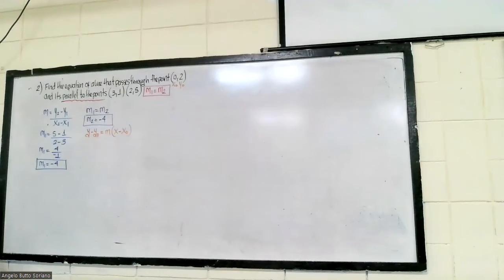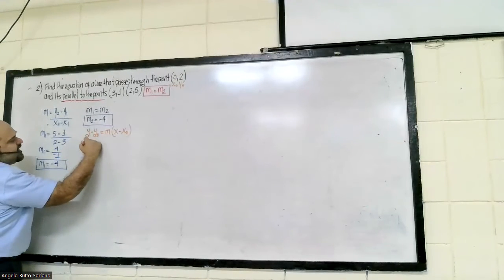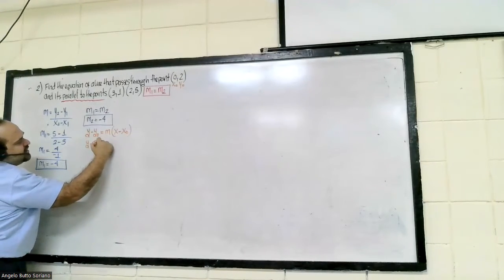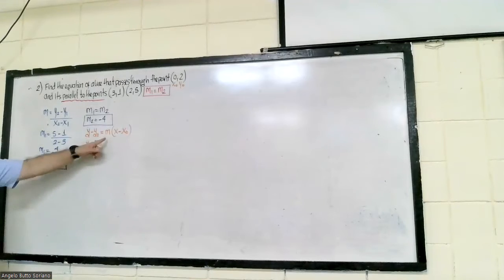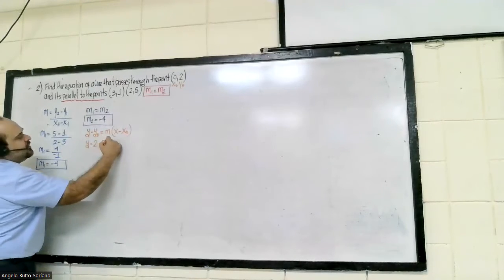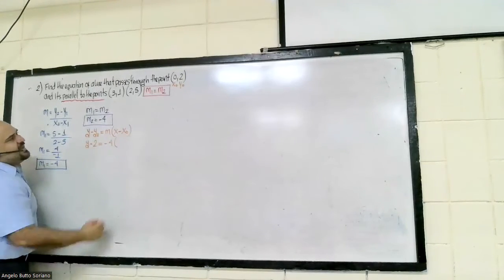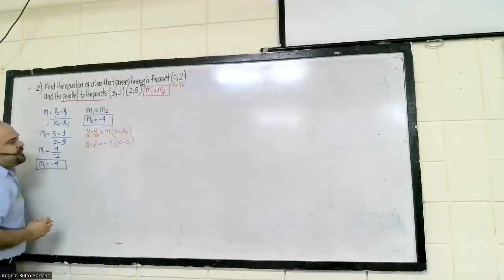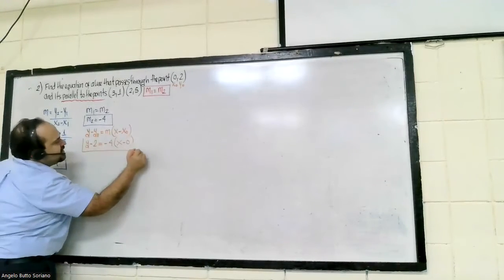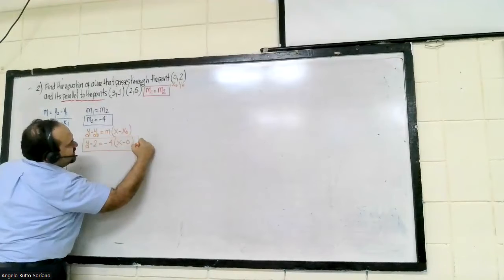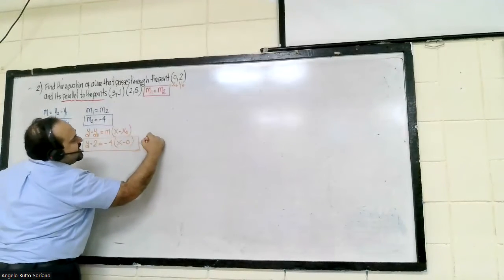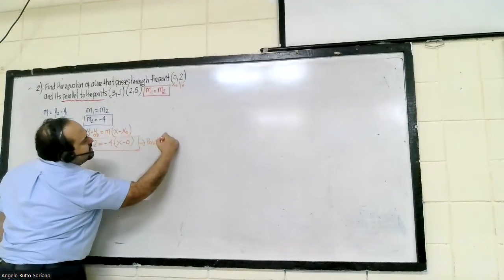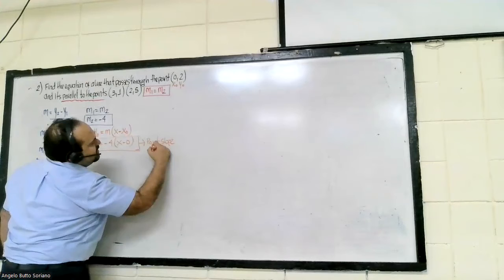So we're going to replace them. y minus 2 equals -4, parentheses, x minus x sub 0, which is 0. Up to this point, this equation represents the point-slope form.